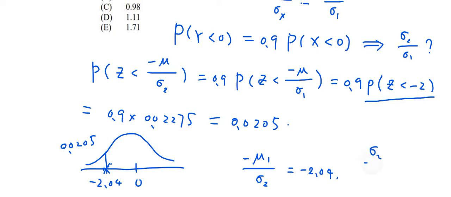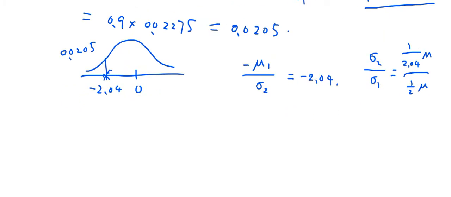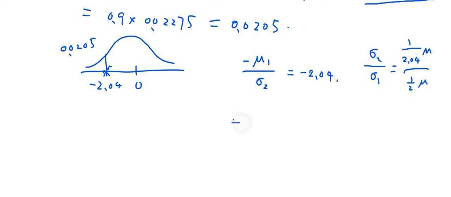Sigma 1 is half mu, so sigma 2 is one over 2.04 of mu. So we can find this ratio, and this is easy.